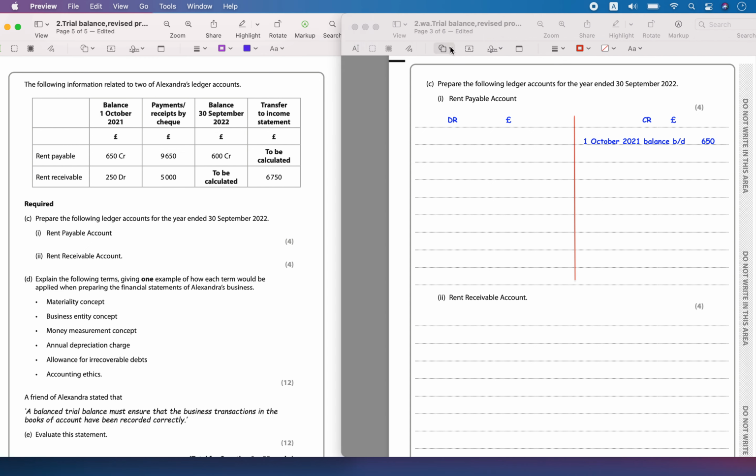And then the ending balance, they have already given the ending balance.